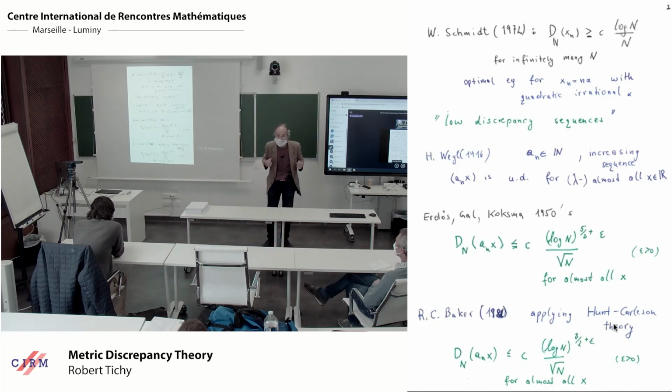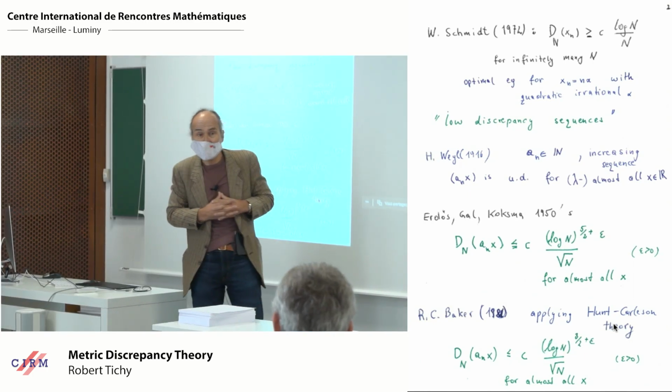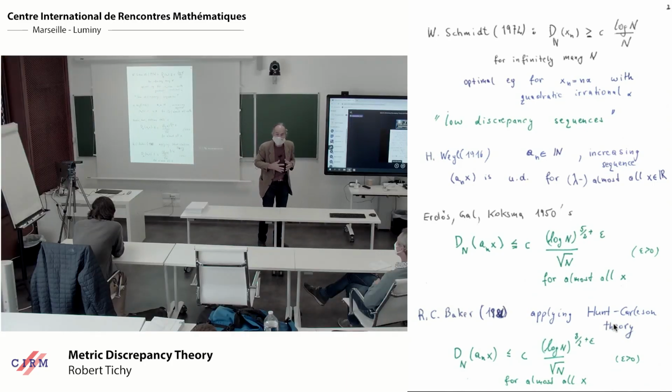And in fact, this is optimal, since it is not very difficult to construct examples of infinite sequences with that discrepancy. One possibility is just to consider multiples of quadratic irrationals. Then we achieve that kind of discrepancies. You can take multiples of numbers with bounded continued fraction expansions.